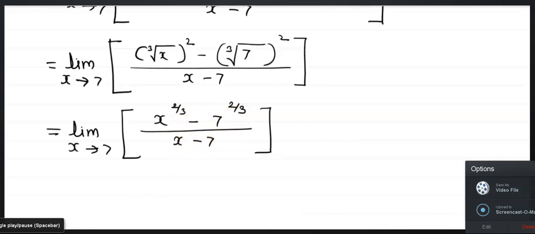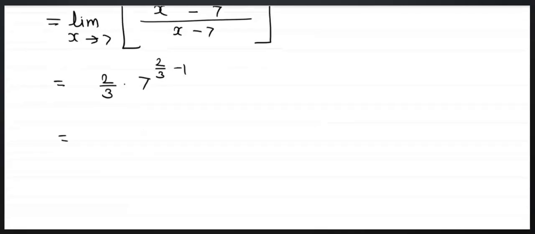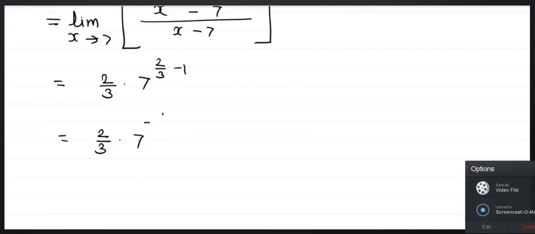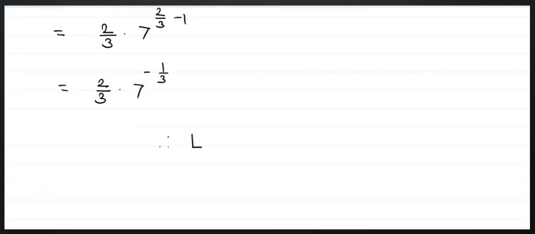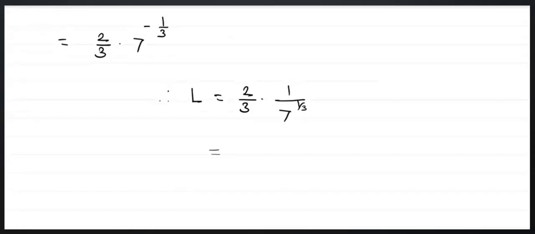Now here we will apply the formula. That is a 2 by 3, 7 raised to 2 by 3 minus 1. That is 7 raised to 2 by 3 means what? Minus 1 upon 3. And therefore the answer is 2 by 3 into 7 raised to minus 1 upon 3. That is, we can make its sign positive.